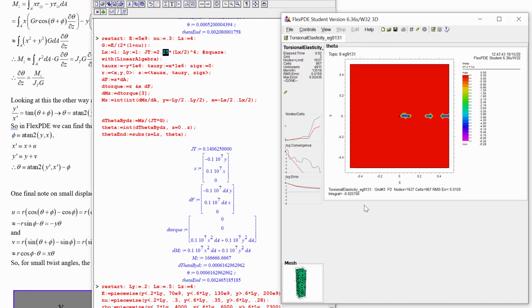Aha, but something has gone a little bit strange here. You see, we've got mostly 0 for the angle, but we have some pockets where the angle is negative 2 pi, right? Just like it jumps up by that.